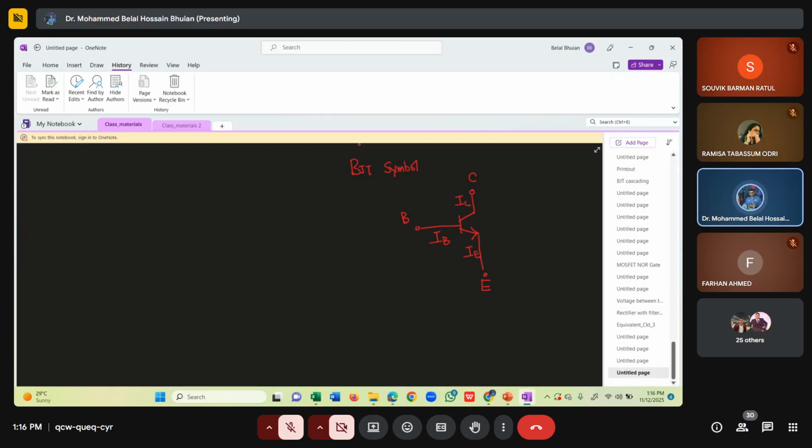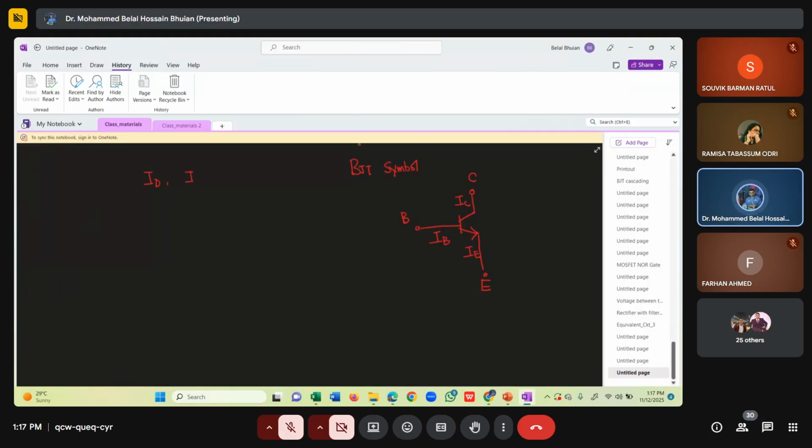Whereas in MOSFET, there's only one current. This is a good thing about MOSFET. If you compare the math or the circuit analysis between MOSFET and BJT, MOSFET is far simpler compared to BJT, because in MOSFET you have to deal with only one current. Why?